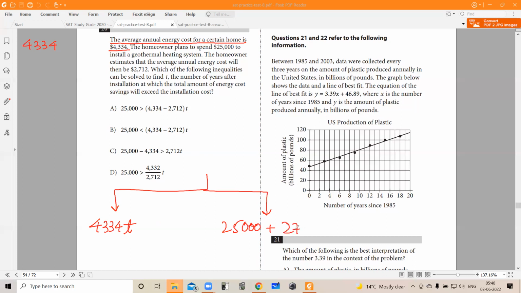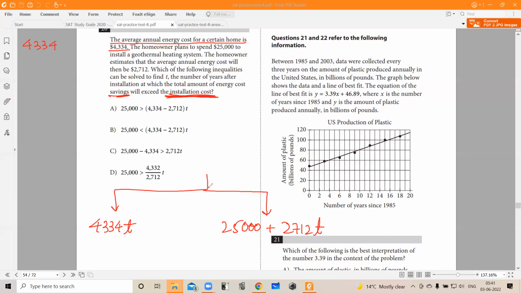Correct. So for T years, that will be 25,000 plus 2,712 T. So these are the two conditions, without the geothermal thing and with it. Now it's asking which of the following inequalities can be solved to find T, the number of years after installation at which the total amount of energy cost savings will exceed the installation cost.